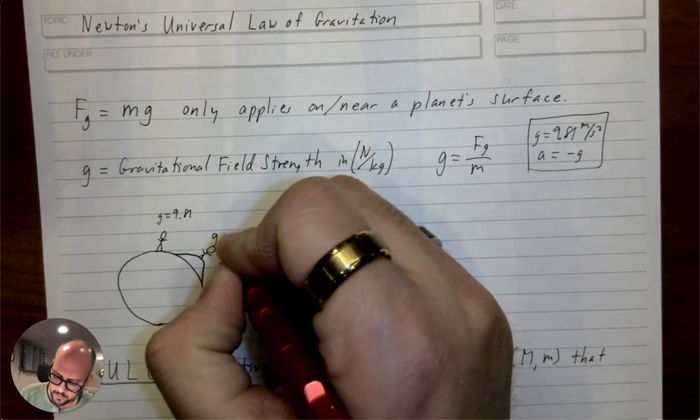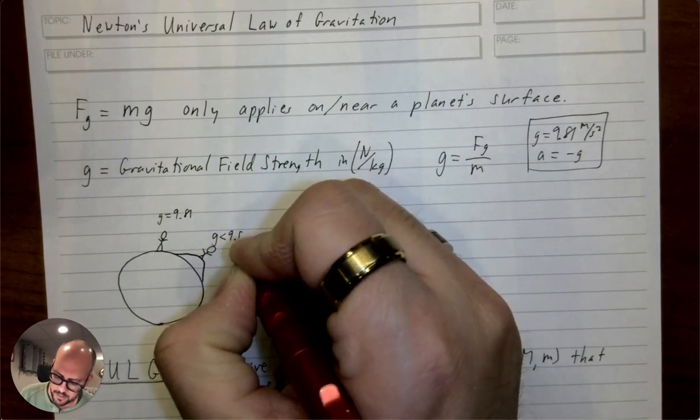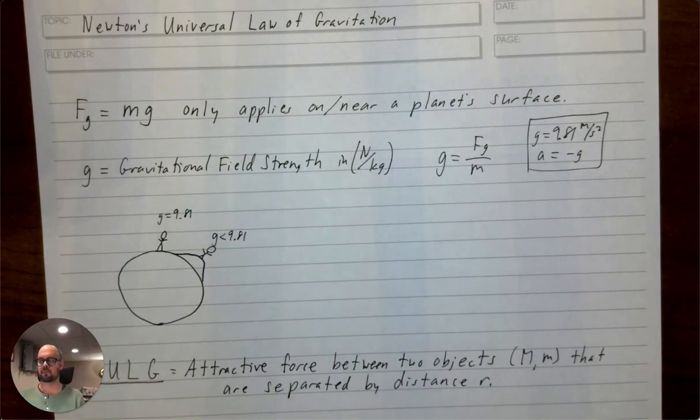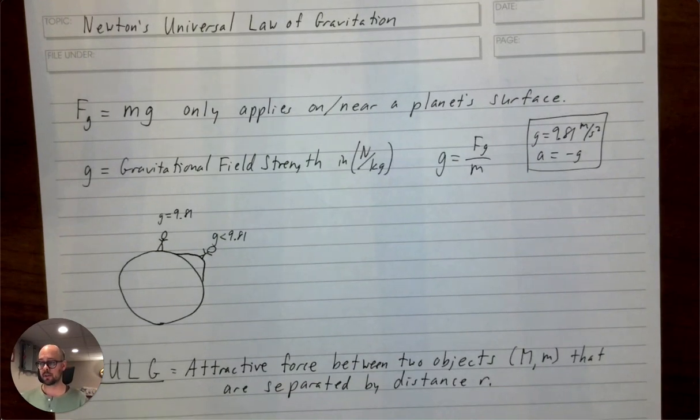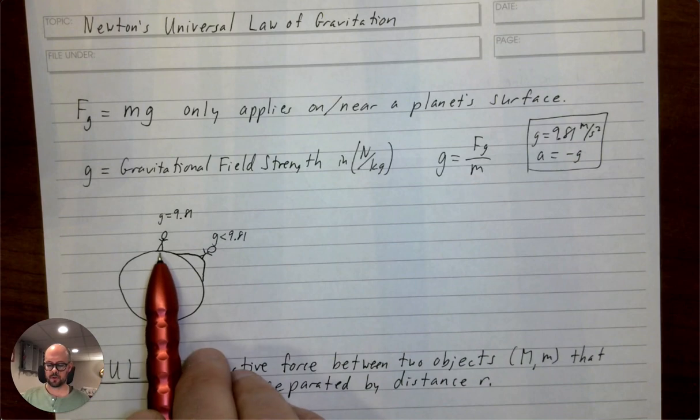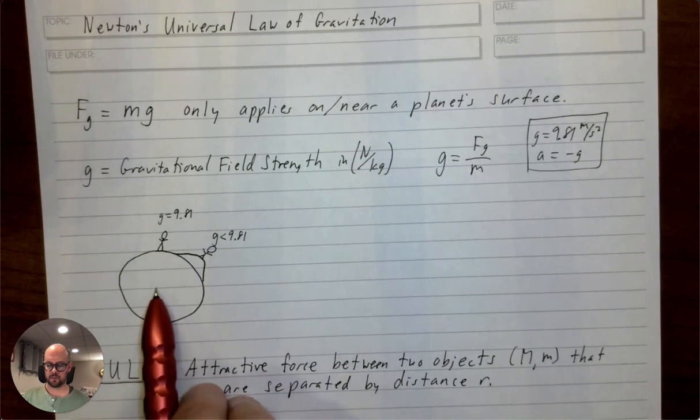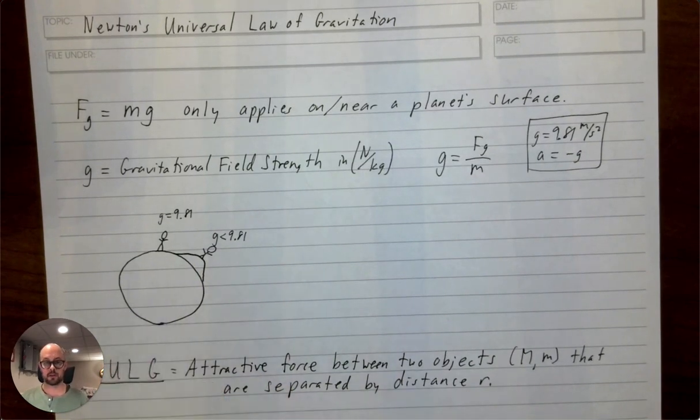On the top of the mountain, g is less than 9.81. If we're talking about Mount Everest, then it's probably like 9.75, and a person is not going to notice that. They're going to notice how little air there is to breathe and how hard it is, but they're not going to notice that there's less gravity, but there is. The further a person gets from the planet they're on, the less gravity they feel. And so that's what we're going to explore.